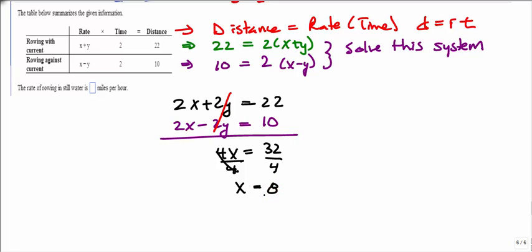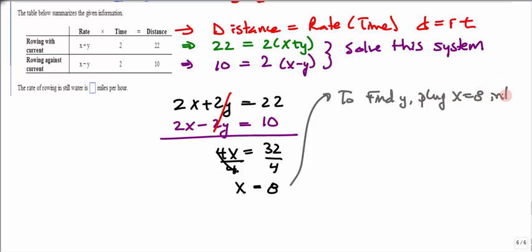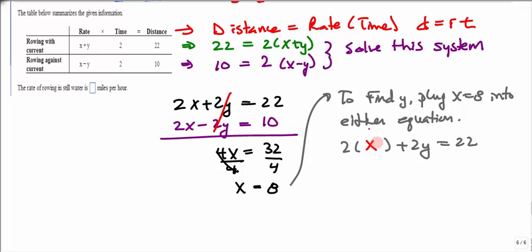Okay, so now I need to figure out what y is. To find y, plug x equal 8 into either equation. It doesn't matter which equation we use, we should get the same answer. So I'm going to use 2x plus 2y equals 22. You can use the other one if you want.